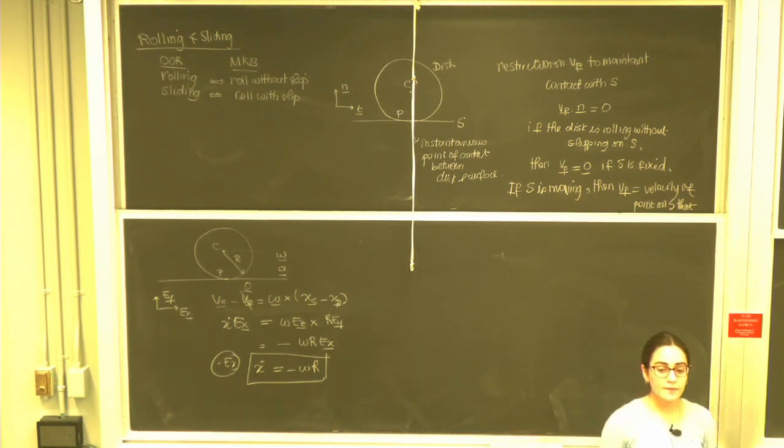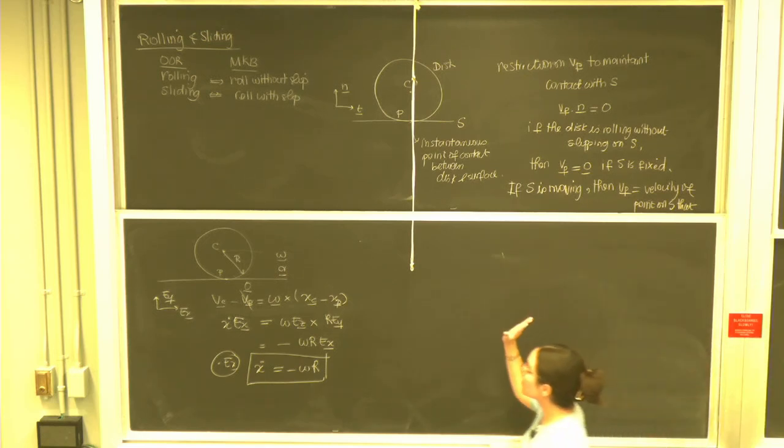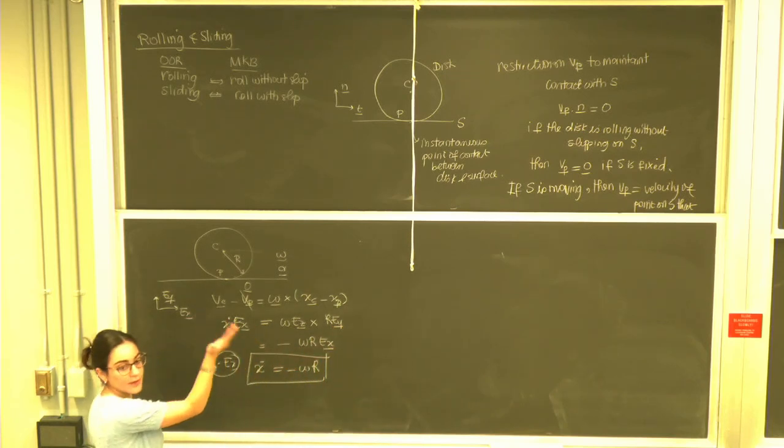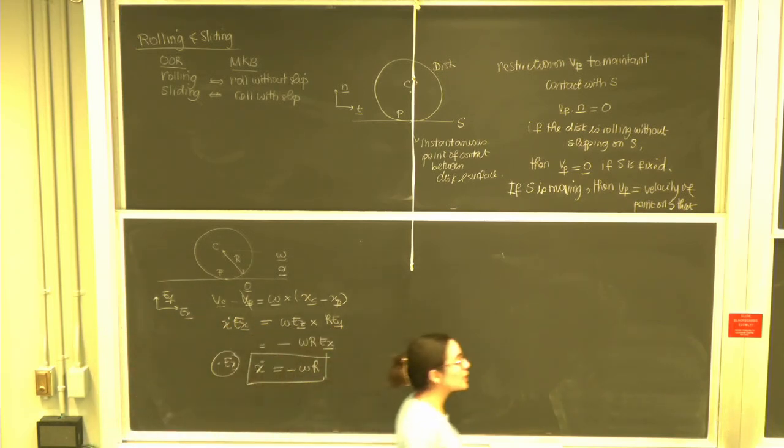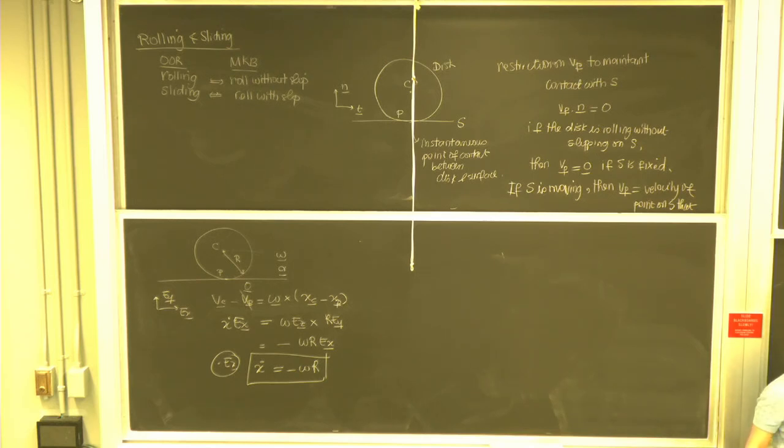Questions so far? Yes. Why do we have the sign difference? Because here omega is positive if I'm going along Ez counterclockwise. But there they're taking it to be positive the other way, so the disk is rolling this way to traverse a positive x. The omegas have different conventions, though they're rotating the same way.